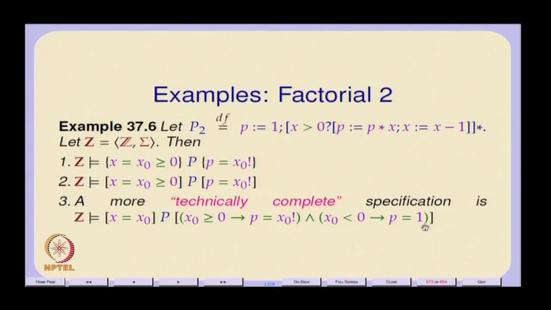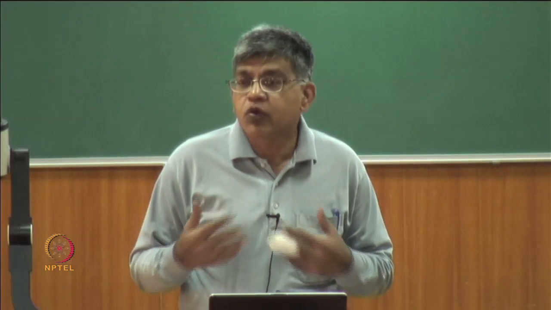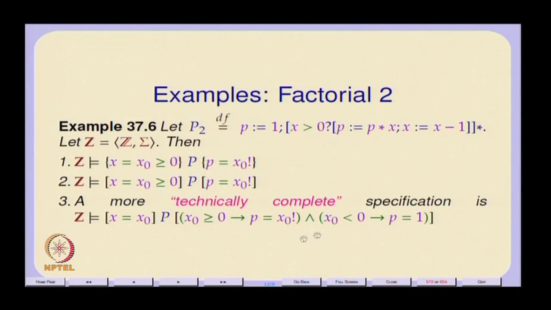So it is not really factorial, and we are not programming the gamma function. This program is not really the factorial program in a strict sense, because for negative integers it gives the value 1. But as I said, every program is correct, it only depends on what your specification is. If you give this as your specification, then that is a technically more complete specification under the integers.